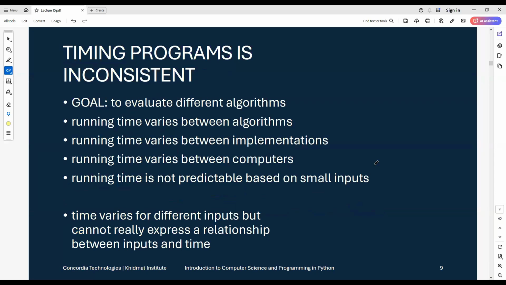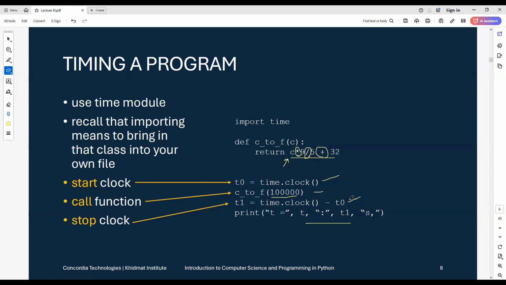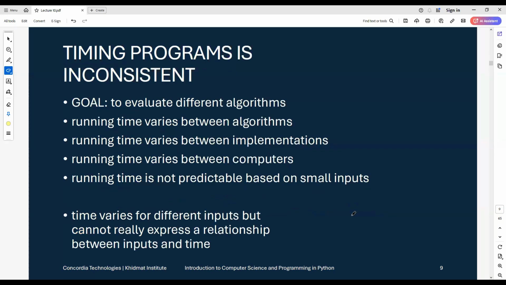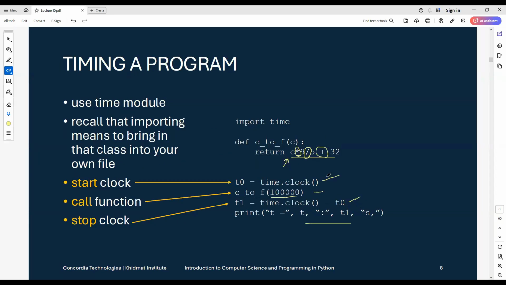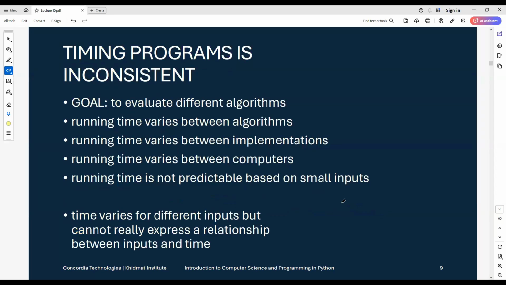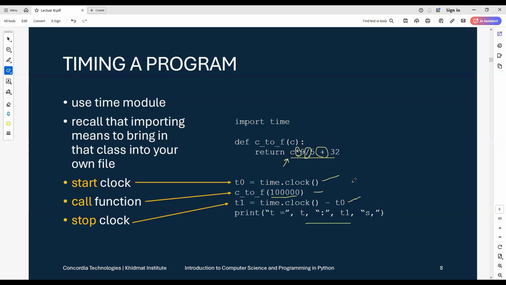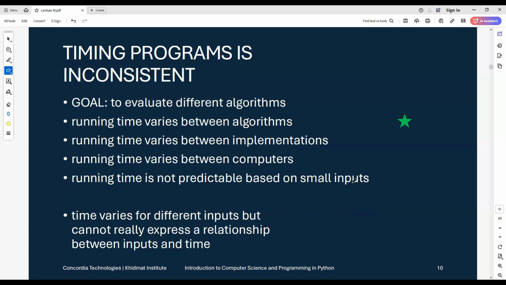Now, our goal is to evaluate different algorithms, not just simple ones that do an operation on a number. The running time can vary between algorithms. If it was a slightly different algorithm, it would take a different time.